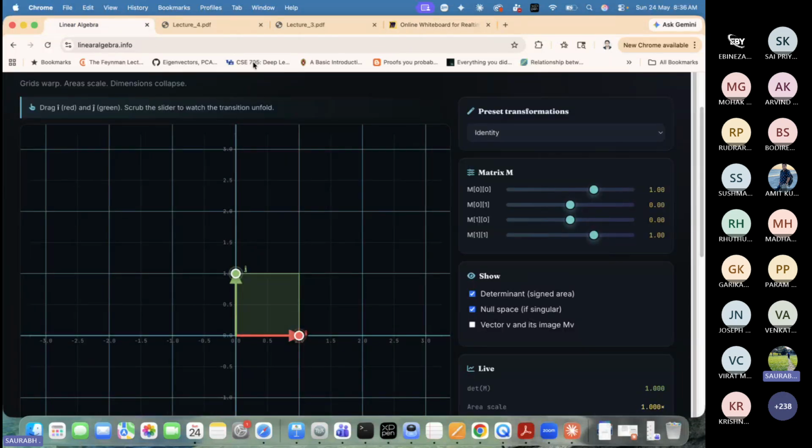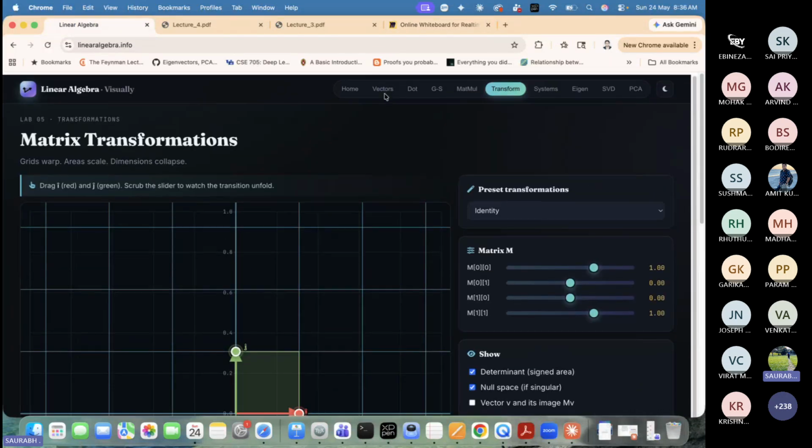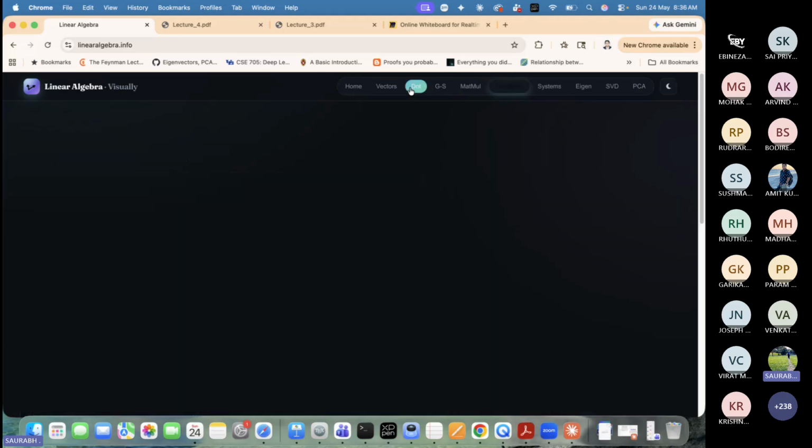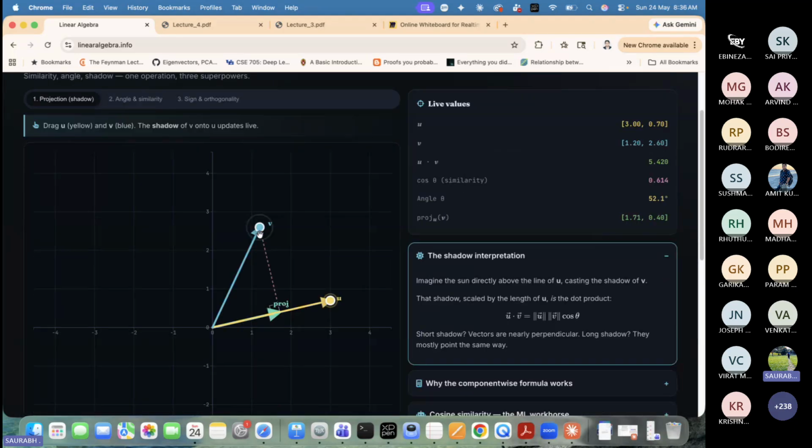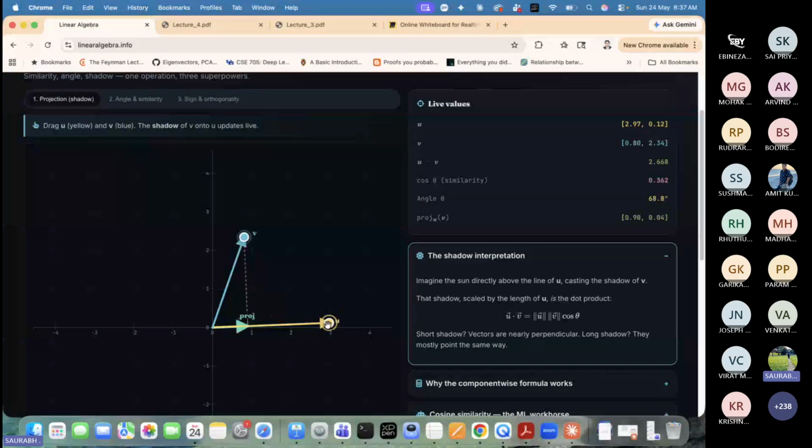If you look at it from the dot product, this is what projection is. You have the v vector, you have the u vector. What we're looking into is how much of v is aligned in the direction of u. When I change these vectors, the alignment would also change, right? This is the projection that you see, the projected vector. See here, projection of v onto u.